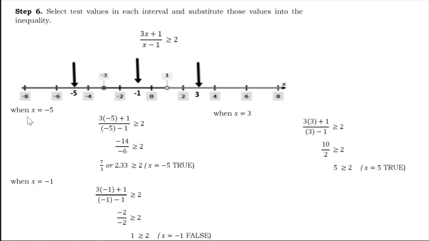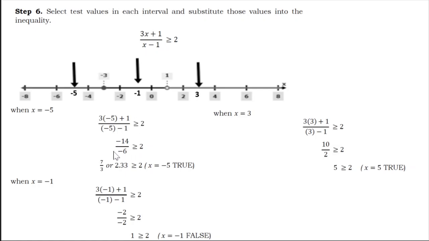So, for x is equal to negative 5, so substitute negative 5 to the value of x in our original rational inequality. So, 3 times negative 5 plus 1 over negative 5 minus 1 greater than or equal to 2.